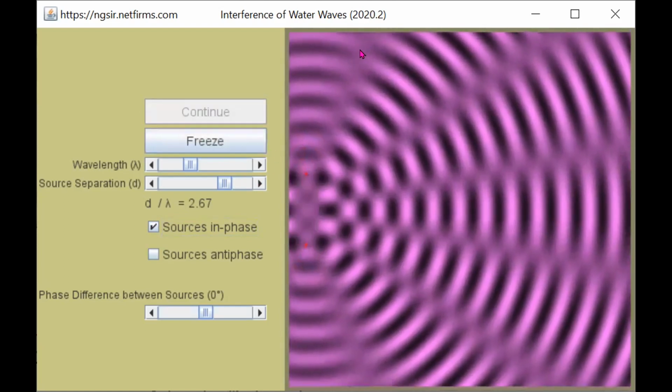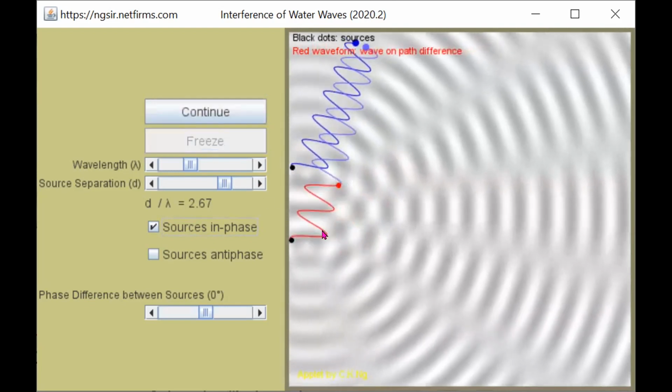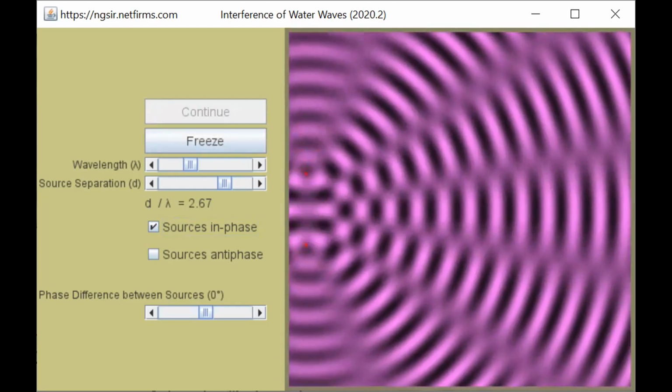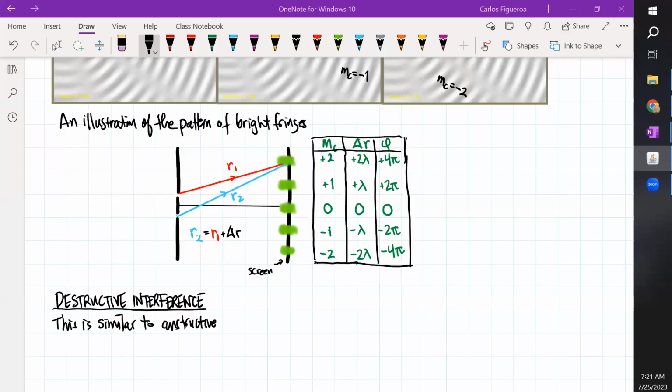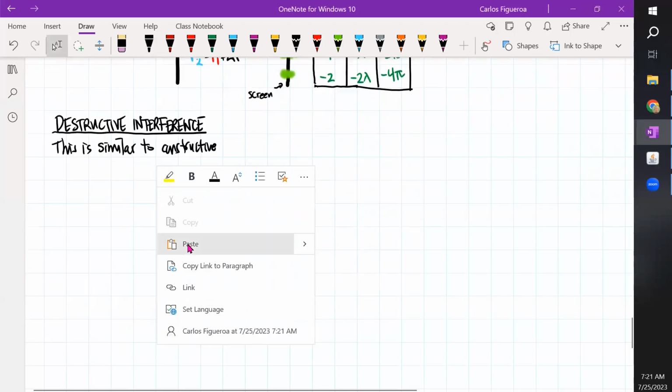And then finally, there's one up here that turns out to be 2.5 waves. So if I go back to my screen and show you my screen capture of what I just did here, I'm going to paste this guy in here.